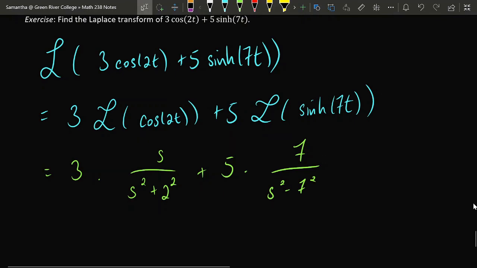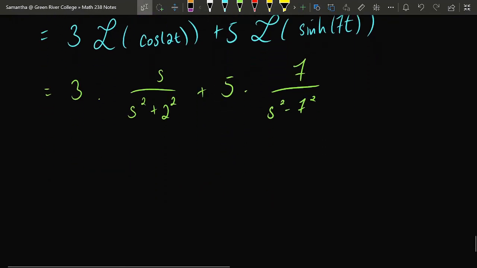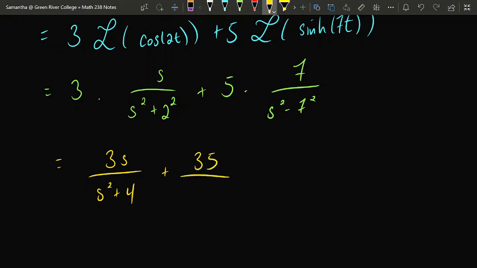So after just a little bit of simplification, the Laplace transform that we seek is equal to 3 times s divided by s squared plus 4, plus 35 divided by s squared minus 49.